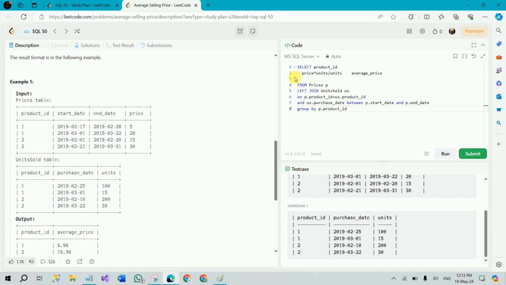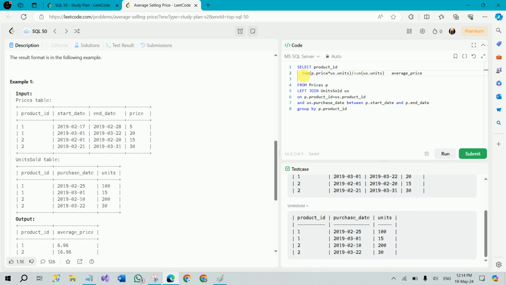So what this grouping will do, as we have applied the grouping, is we can now apply the sum of price times units divided by sum of units. Units were coming from the US table, and price was coming from P dot price. Now the next thing we have to do is get the result in 2 decimal places, so we need to convert it to float.